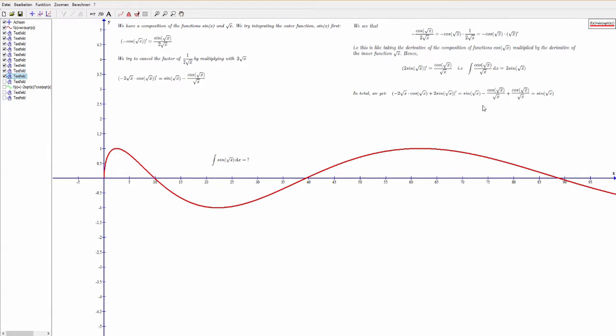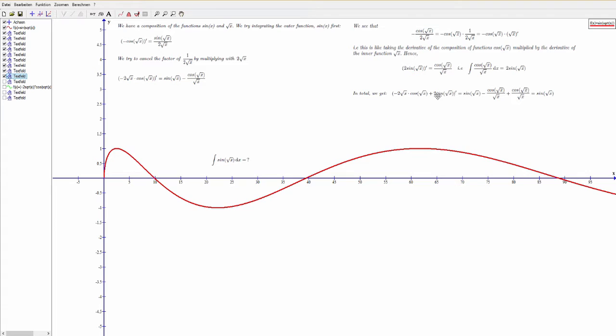That's what we want. But then we get the problematic term, which is the derivative of the square root term times this. And the derivative of minus 2 square root of x is really just minus 1 divided by square root of x. And then you multiply it by cosine of square root of x. So we get this problematic term of minus cosine of square root of x divided by square root of x. But with this 2 sine square root of x, we remove the problematic term, right?